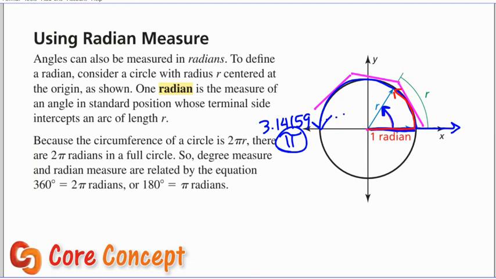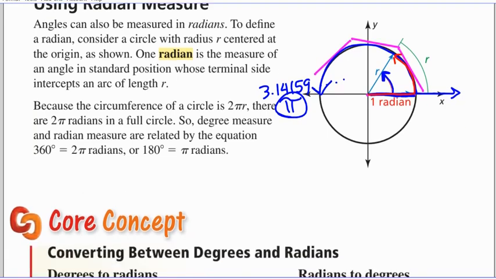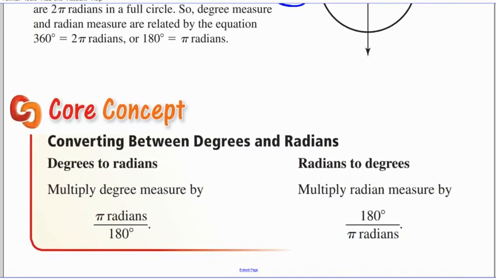Okay, so a core concept that you need to understand is how to convert between degrees and radians. In order to convert from degrees into radian, you take your degrees and multiply it by pi radians over 180 degrees.